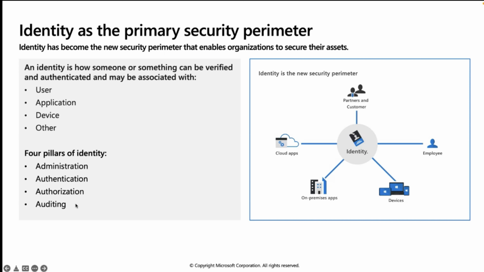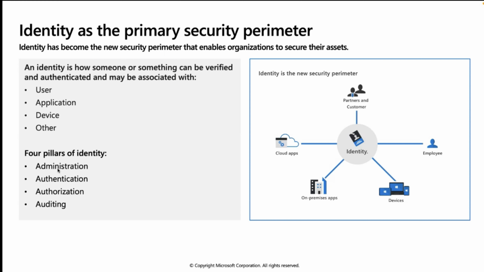So pillars of identity: administration, obviously, and authentication. So obviously, how do I prove who I am? Well, would you use a password? Probably not. If you've got a Windows machine, you can use Windows Hello.